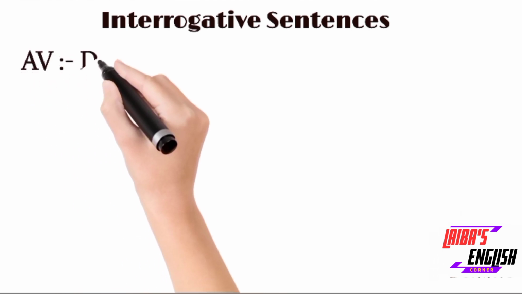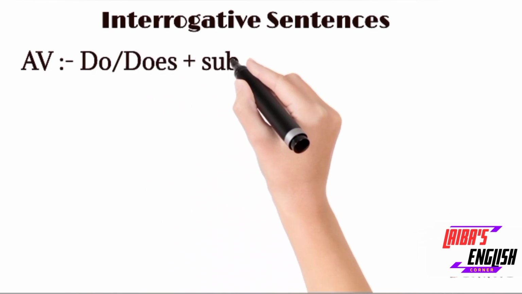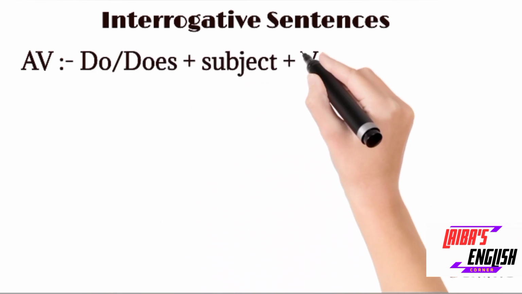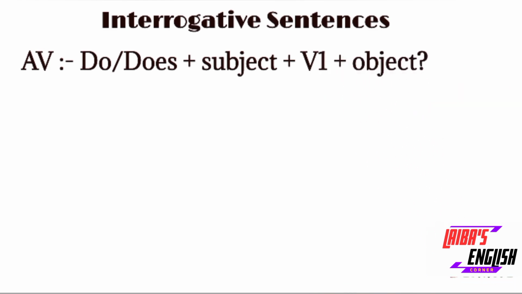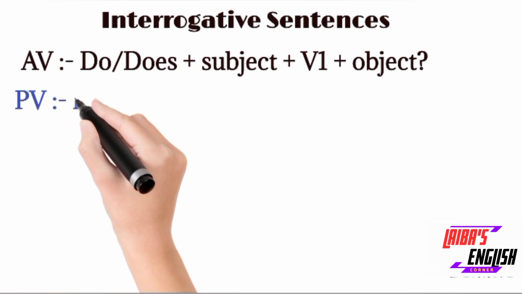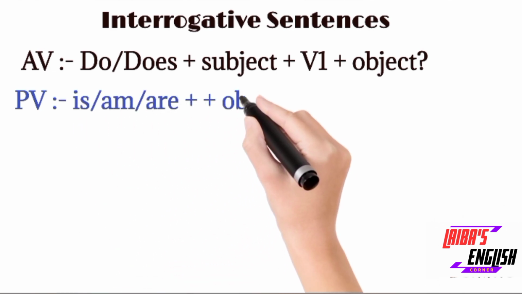Now we are moving toward the interrogative sentences. So the basic structure is that we have to take the helping verb in the start, like do and does, plus subject plus first form of verb plus an object. At the end, the question mark is very important. Now, for making it passive, what we will do, we will take the object in the start. Am I correct? No, I'm not correct here. Why?